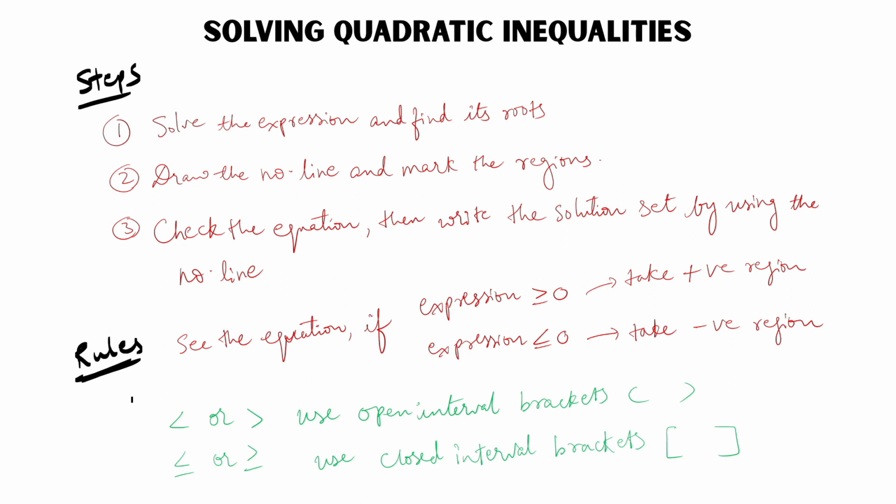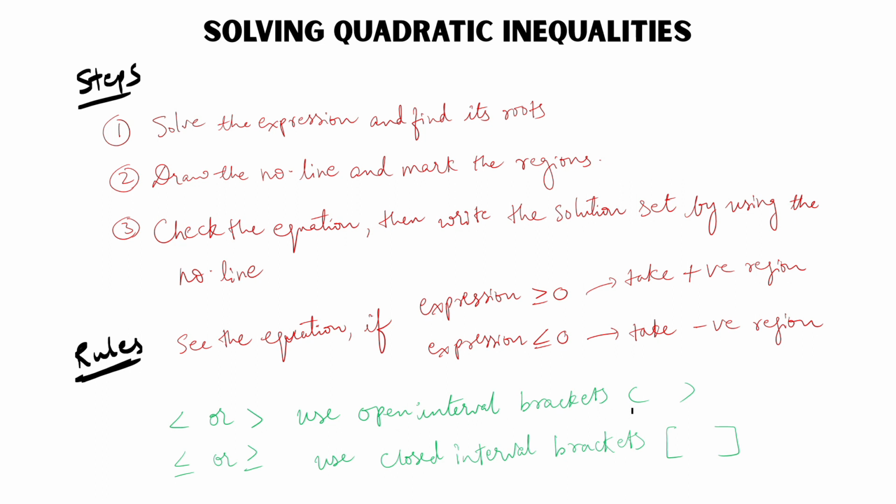And what are the rules you must follow? Just check the expression. If it is greater than or equal to 0, then take the positive sign and ignore the negative region. The less than or greater than, right? Where equal to is not there. If equal to is not there, then you must use the open interval brackets.